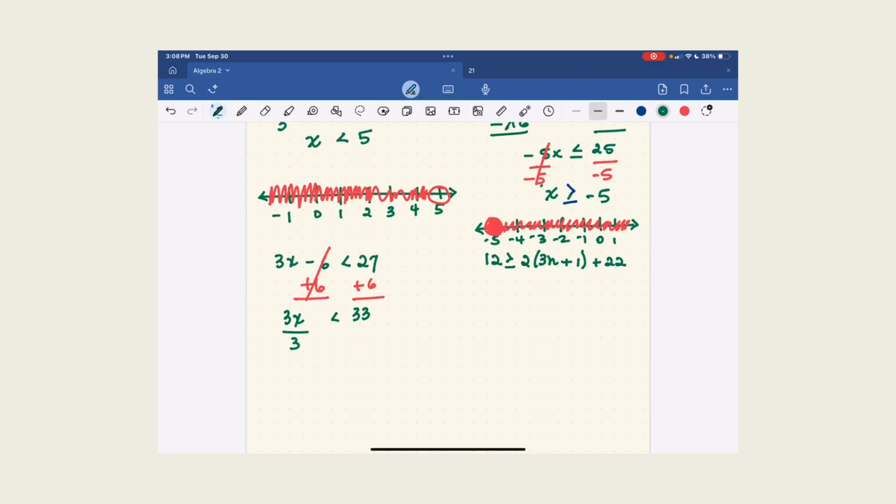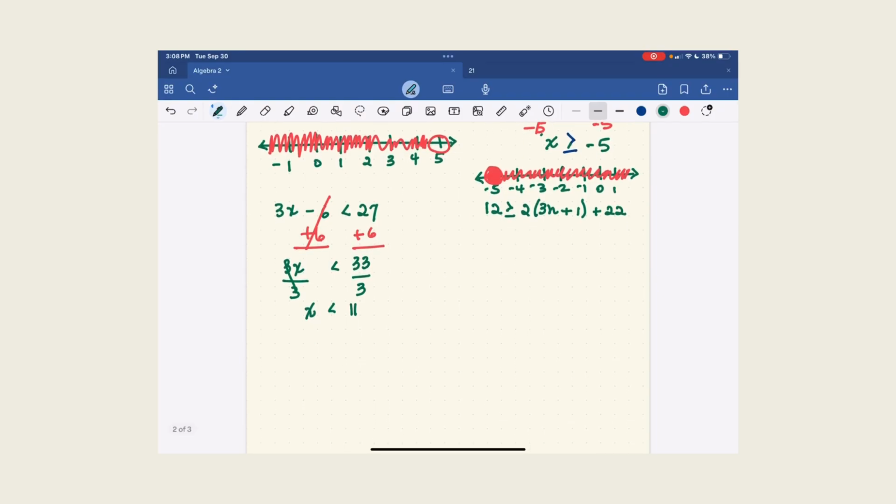Divide each side by 3. That side cancels. And x is less than 11. We do not have a negative sign, so the direction of the inequality doesn't change.